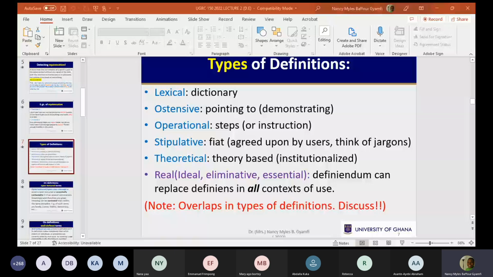But here, the word bachelor doesn't mean an unmarried adult male. It doesn't mean so, friends. It means something else. Therefore, if I define bachelor as an unmarried adult male, I cannot call it a real definition. It will have some weaknesses. Okay, that definition has some weaknesses. It doesn't do what an ideal definition should do.